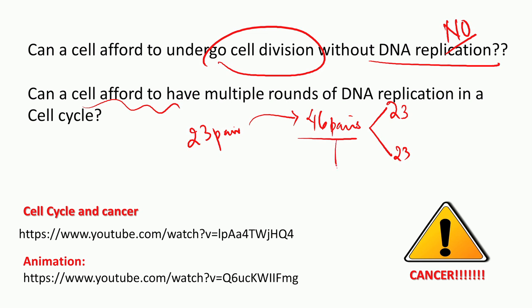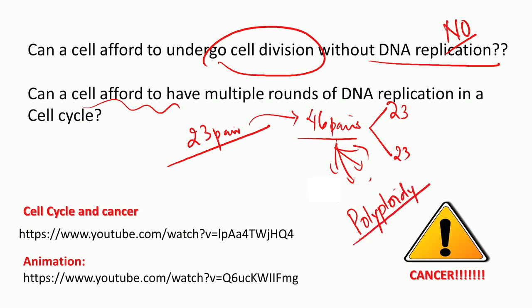But if it goes on doing these rounds of DNA replications, the number goes on increasing, and then when you divide, the daughter cells will not retain the same number of pairs of chromosomes, and that will lead to polyploidy, right. Now, this is again not good for the body.